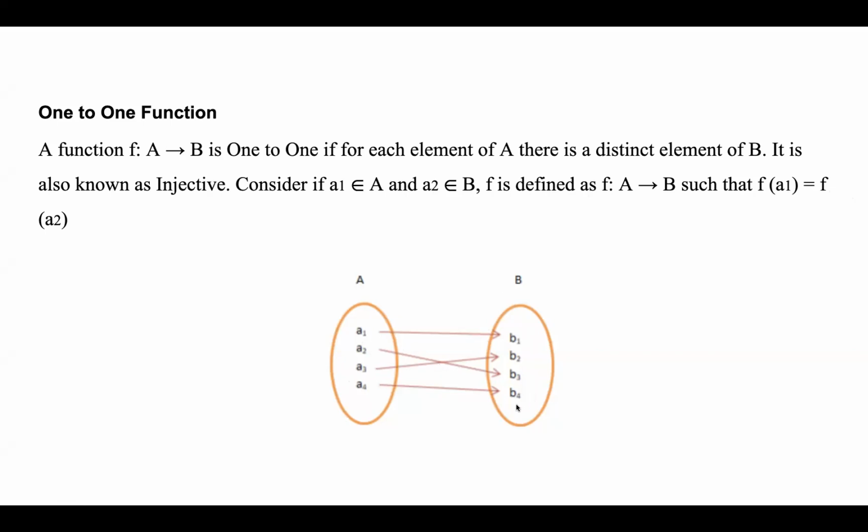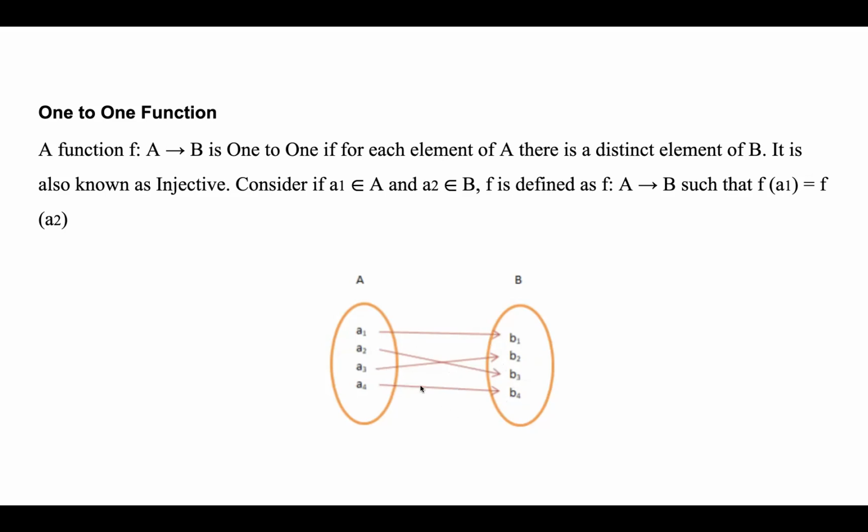A and B are the two sets. A1 is assigned to B1 only, meaning only one element of B. A2 is assigned to B3 only. A3 is assigned to B2 only. A4 is assigned to B4 only.